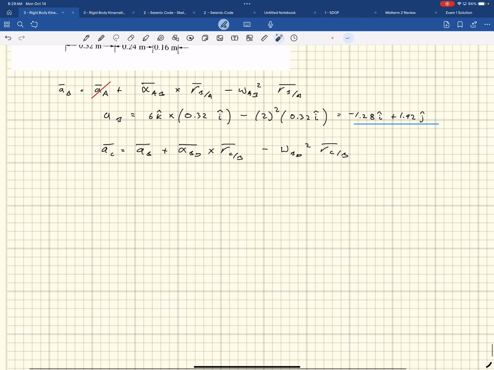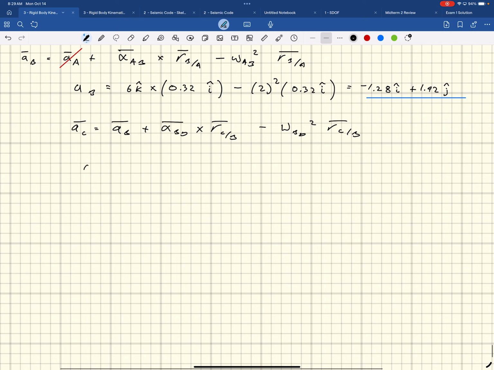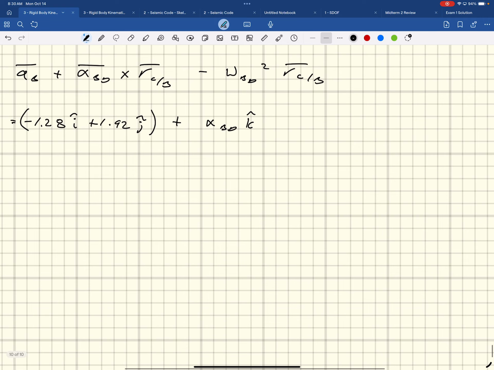All right. A_C, just plug in everything I got, equal to A_B, which is negative 1.28 in the I, plus 1.92 in the J, plus alpha_BD in the K. I don't know if it's positive or negative, but I just put it in as positive, always in the K direction.